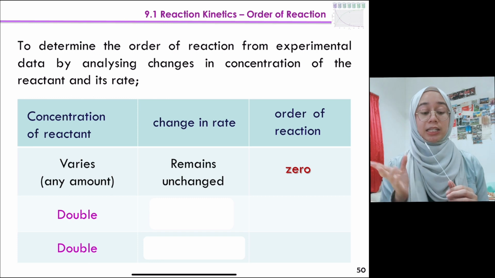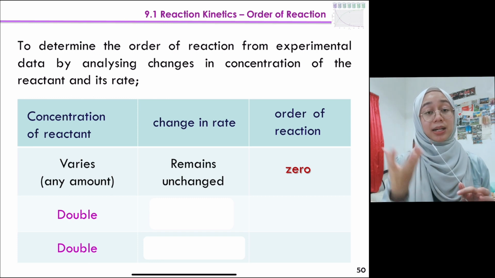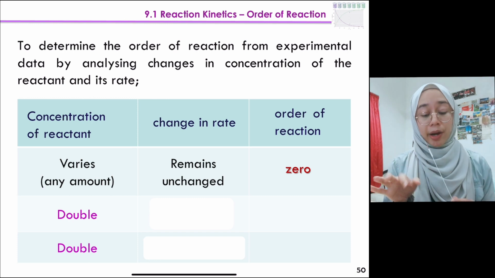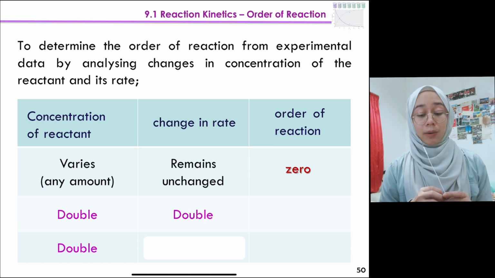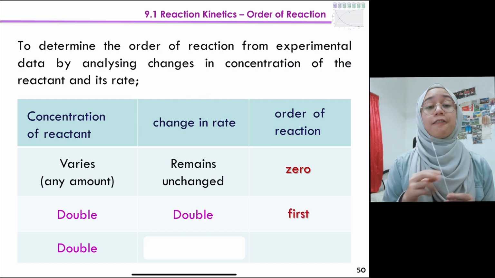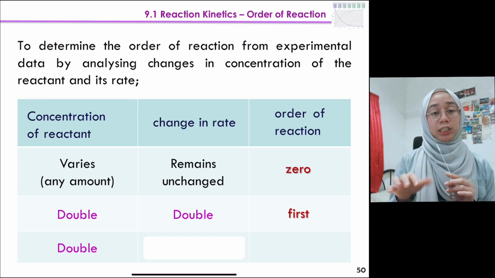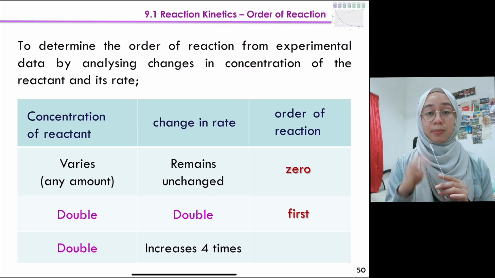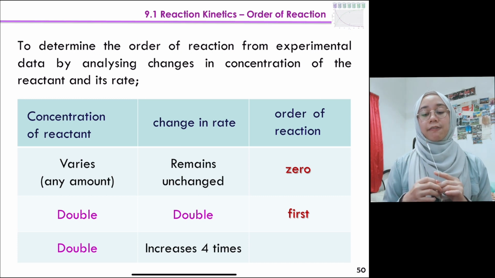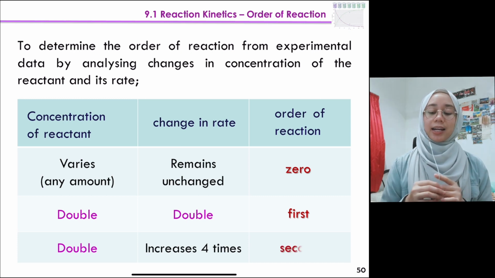If you double the concentration of reactant and the rate also doubles, the order of reaction is first order. And lastly, if you double the concentration of reactant, but the rate increases by 4 times, therefore the order of reaction is second order.